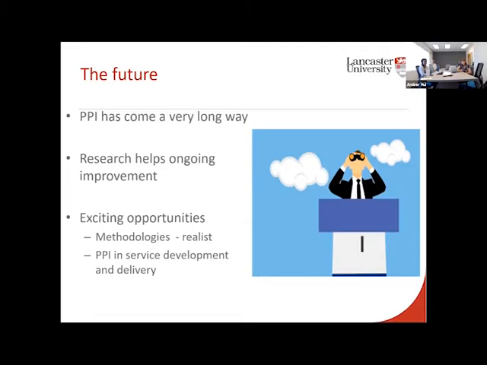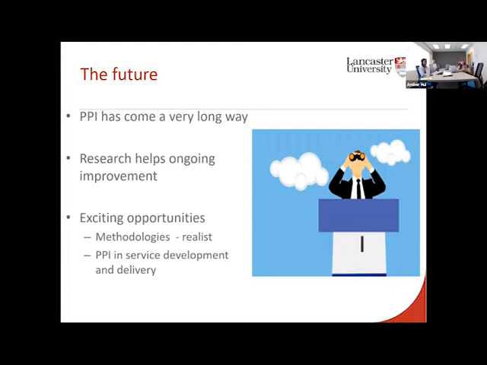Given that context is so important in PPI, and that we're particularly interested in the mechanism of how PPI impacts our valued outcomes, I think this is a real opportunity to move away from more positivist approaches to evaluating impacts, such as randomized controlled trials, and to think about realist evaluation approaches that really try to understand what works for whom, in what context, and why.